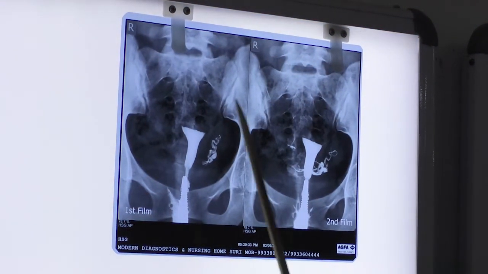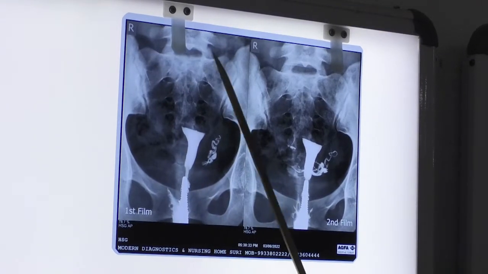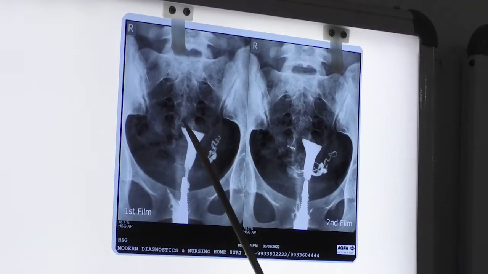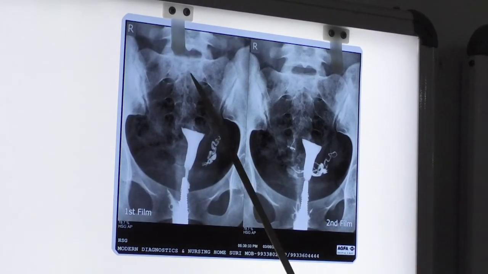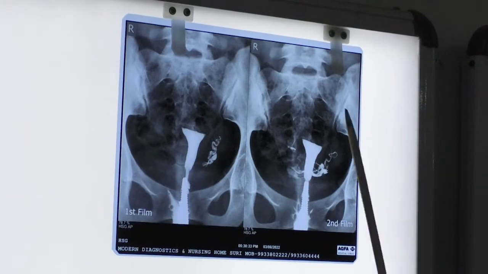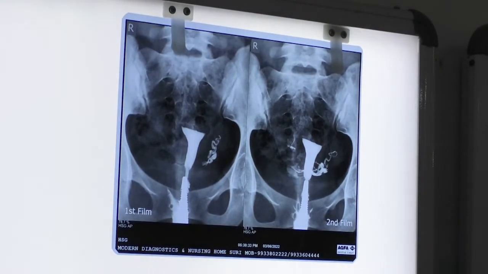And we can see the image of the sacrum also. Sacral foramen we can see. And sometimes we can see black shadows. These are the colonic gases. So what is this?